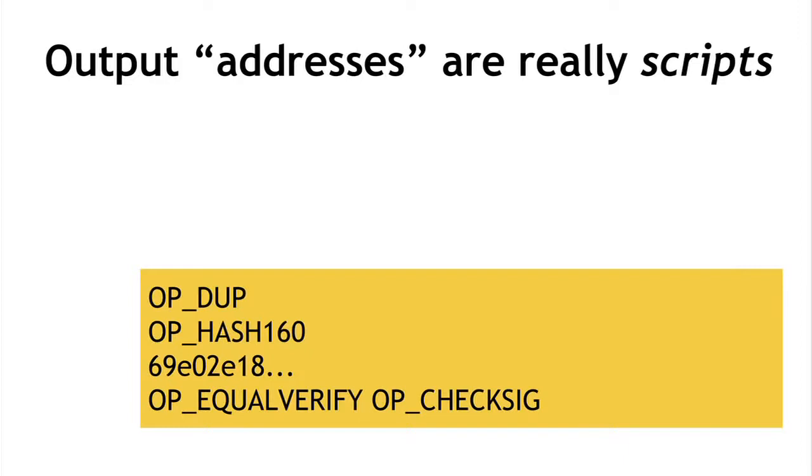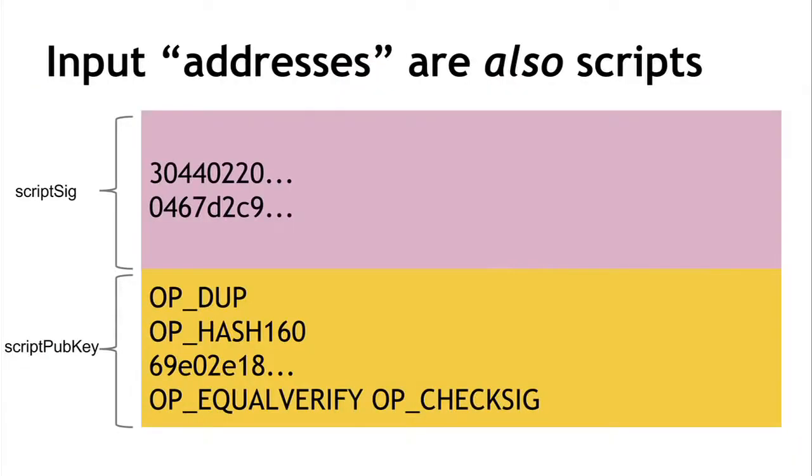So what happens to this script? Who runs it? How does this script indicate who has the ability to spend these coins? The secret is that the input address is also a script. That's a bit of script that you combine with the output address. You simply concatenate them, and that gets you one script that has to run successfully in order to claim a Bitcoin.